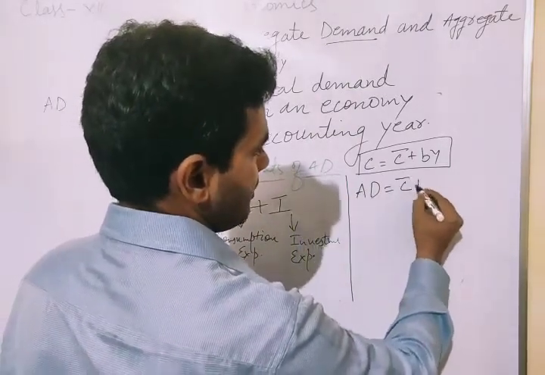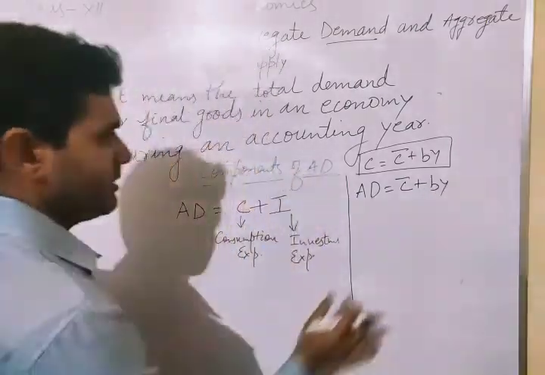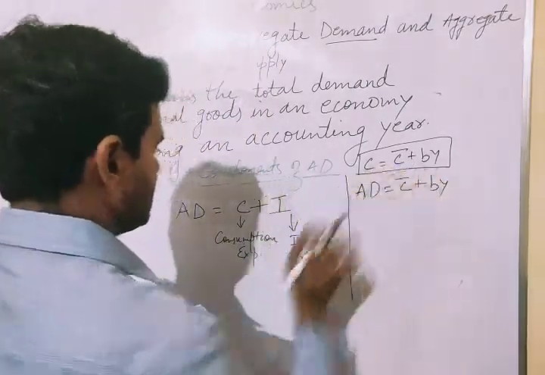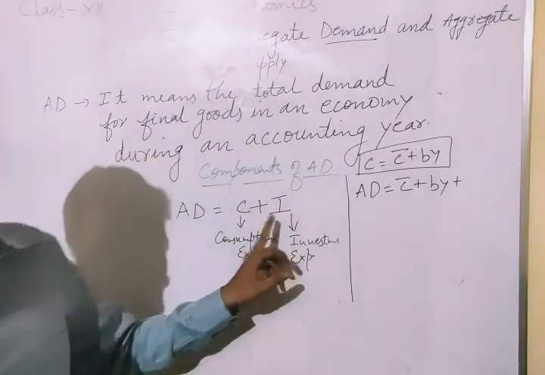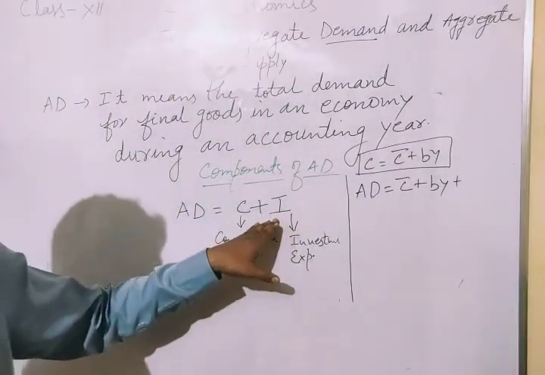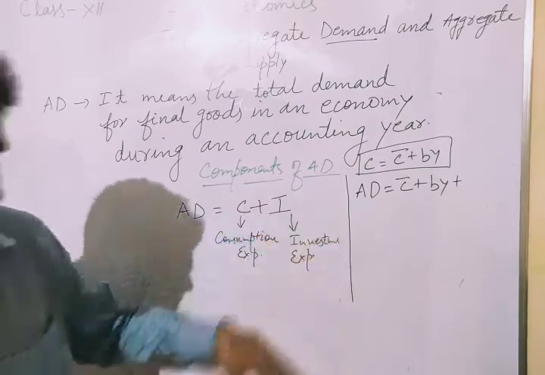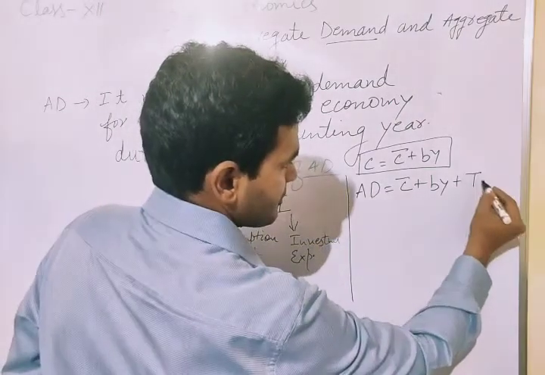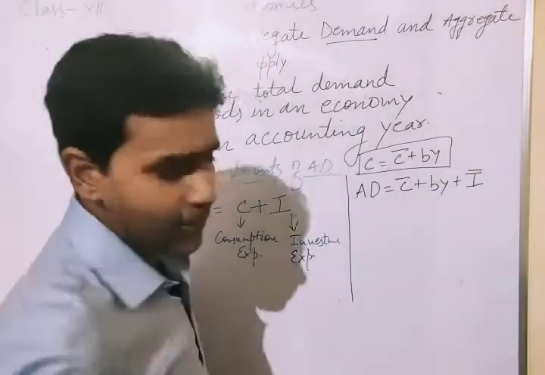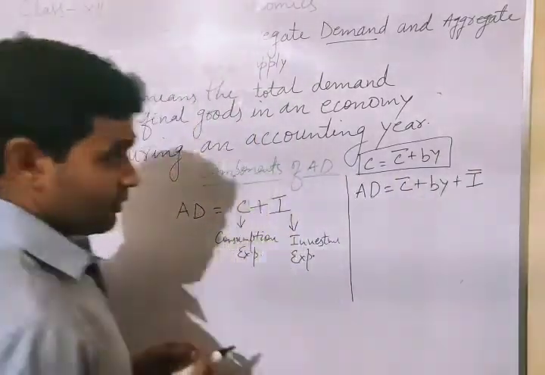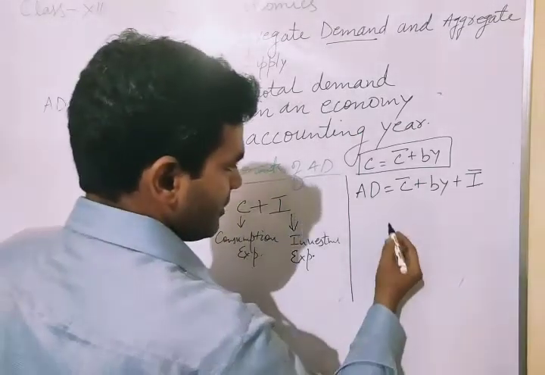So C bar plus bY denotes consumption. Then we have also discussed that investment remains constant or it is autonomous. So we put I bar instead of I. So this is what the equation becomes together.